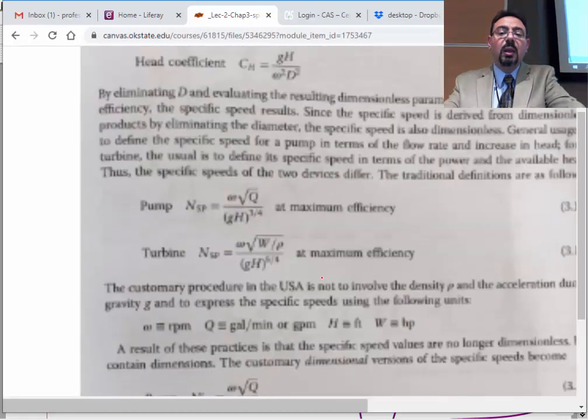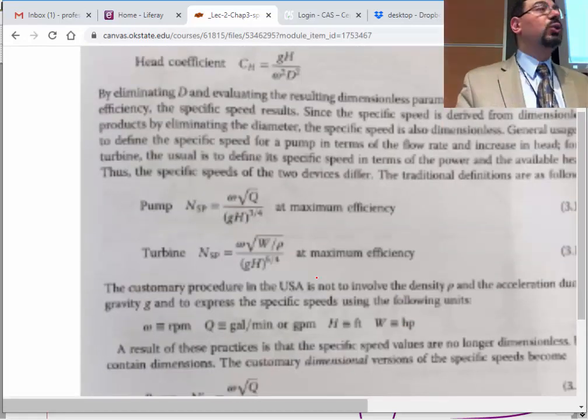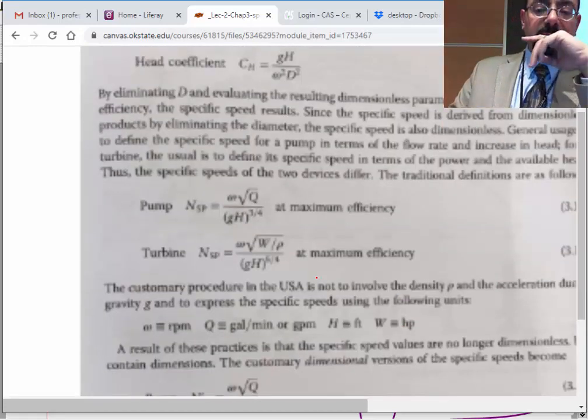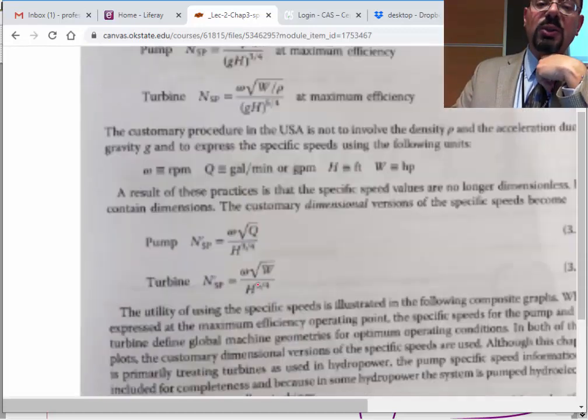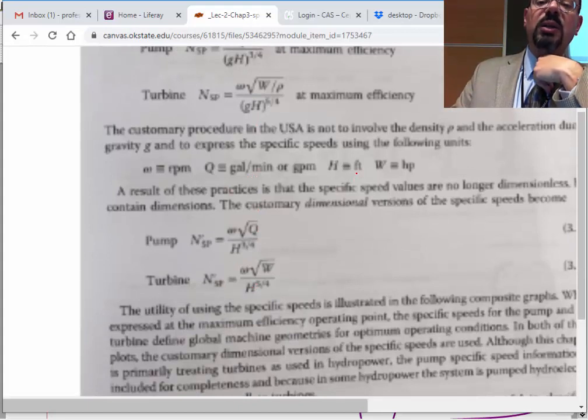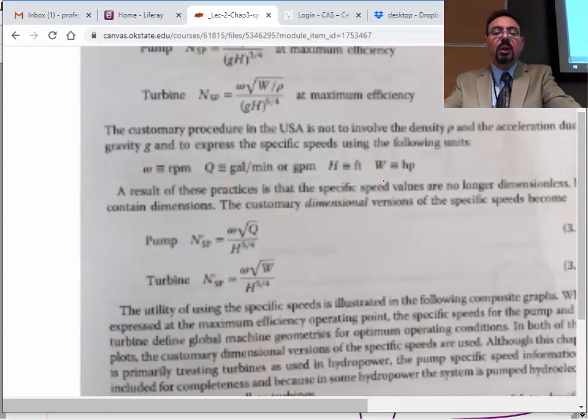And there is a scale for those dimensionless numbers. But in the US, we don't like to use dimensionless things. Also, we don't like to use meters cubed per second. We would rather use gallons per minute, and we would rather use feet. And for the power, we would rather use horsepower.